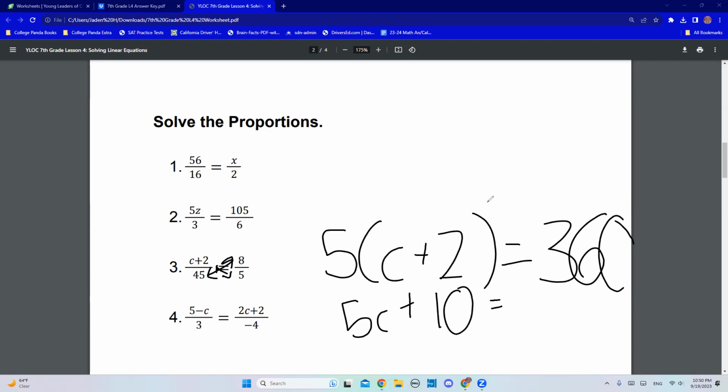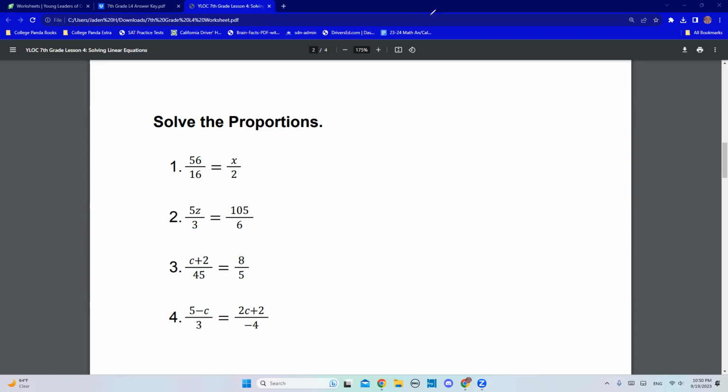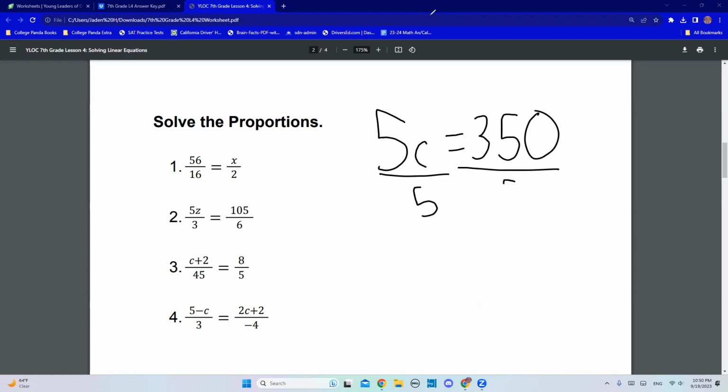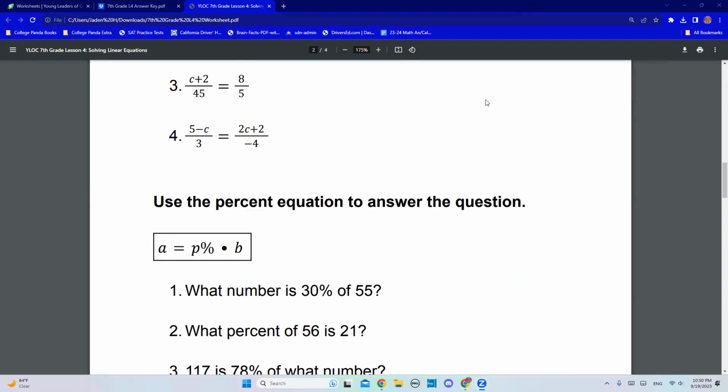So we get 5c plus 10 equals 360. Next, we could subtract the 10. So that gets us 5c equals 350. And then we divide 5 on both sides to get c equals 70. All right, let's move on to the next question.